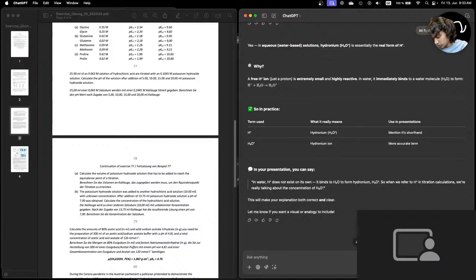Okay, what else? 10 milliliters of HCl plus 13.75 milliliters of KOH gives a pH of 7. That means that they're at equivalence point.